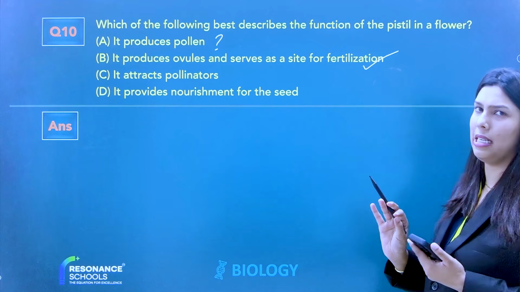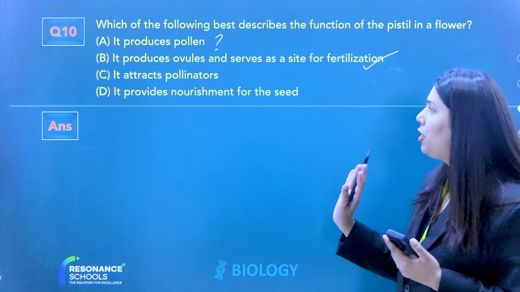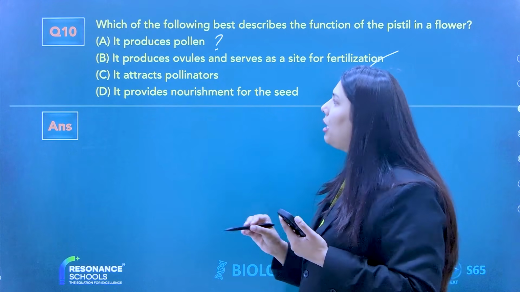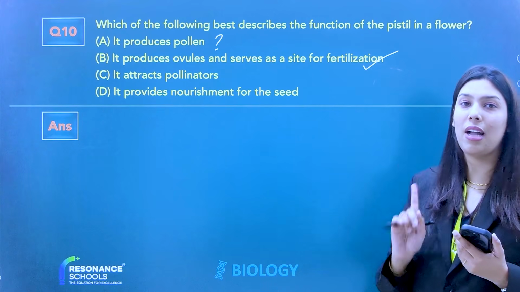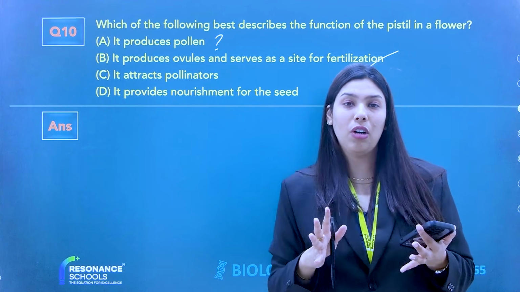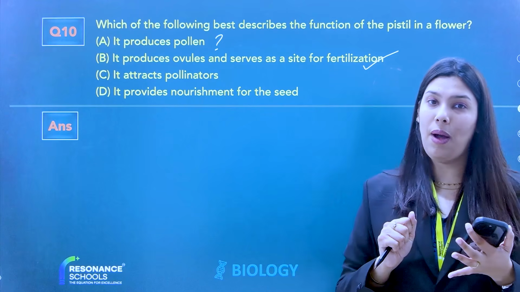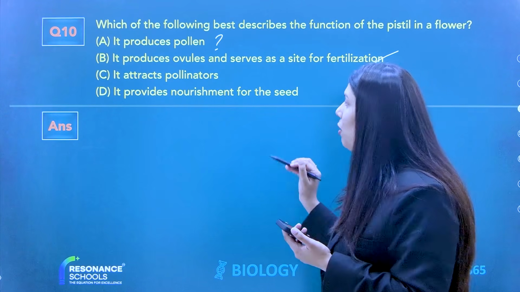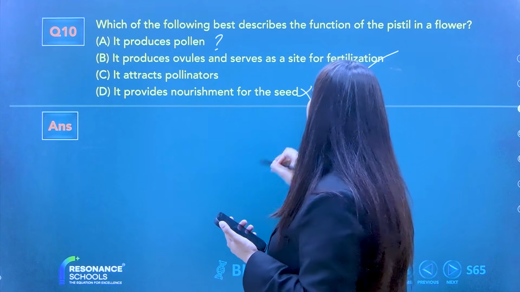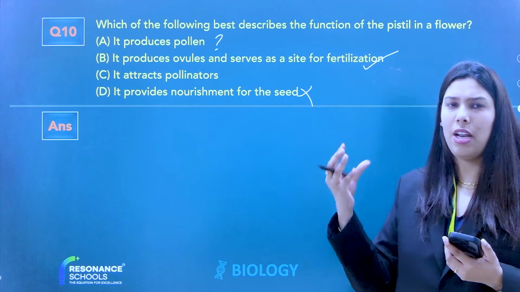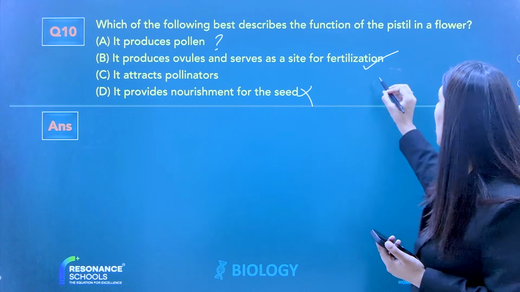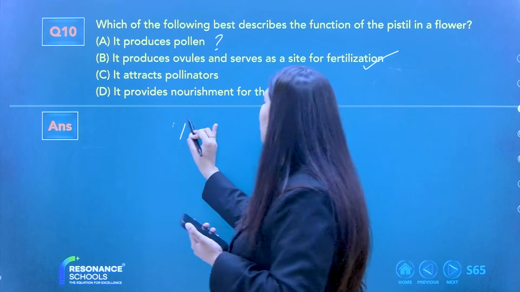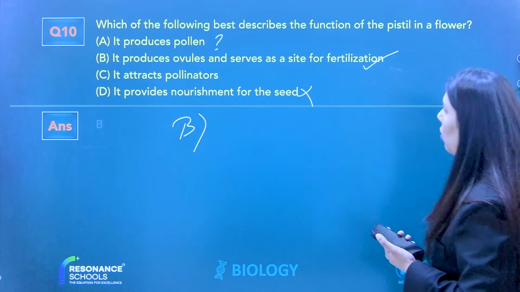This is right, but let us check the rest. Does it attract pollinators? No, attracting pollinators is the work of the colorful part, the petal. Does it provide nourishment? No, not as such. So the most appropriate answer is B.